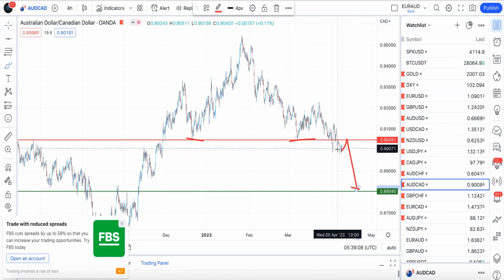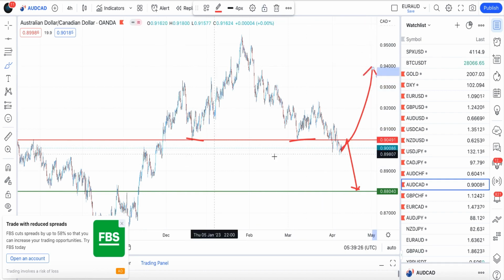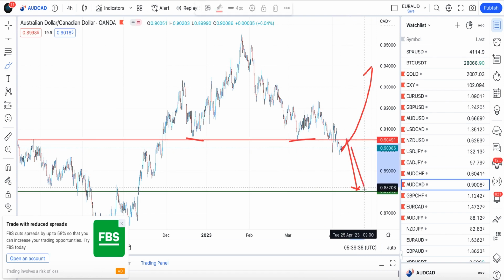So if they increase the interest rate, then we should see AUD CAD go to 0.80040. But if they lower the interest rate, then we should see this moving to the upside to that particular high right there. But if it comes out as expected, then we should consider the AUD weakness and then we should see a move to 0.80040.